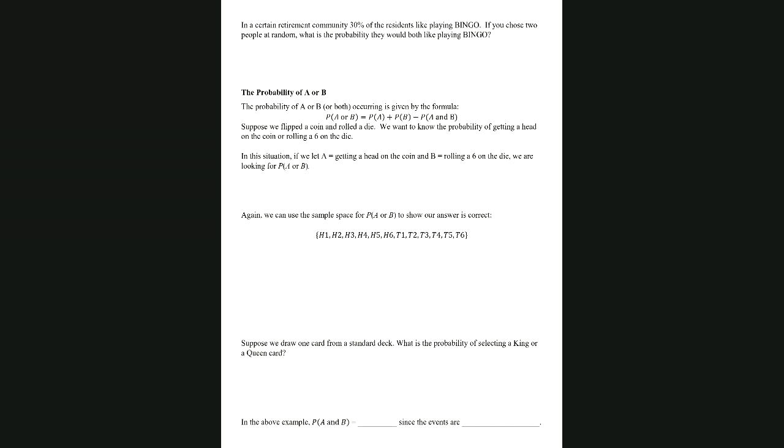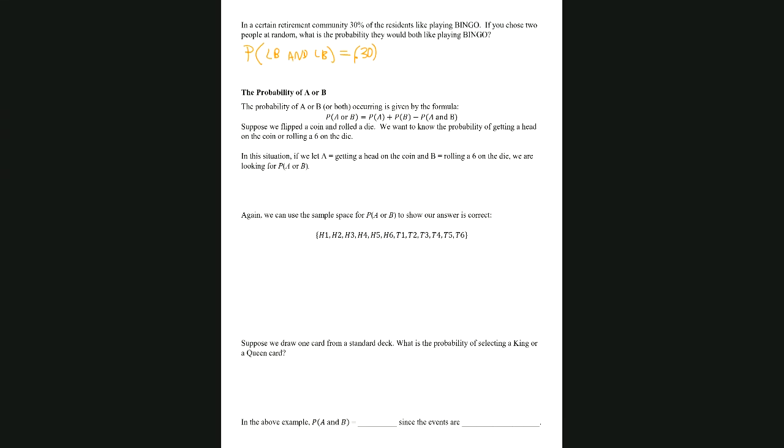All right, let's look at one more example, and then we'll talk about or instead of and. It says in a certain retirement community, 30% of the residents like playing bingo. So if you chose 2 random people, what is the probability they will both like playing bingo? So this is the probability of likes bingo and likes bingo, right? 30% of the residents do, so that's 0.30.